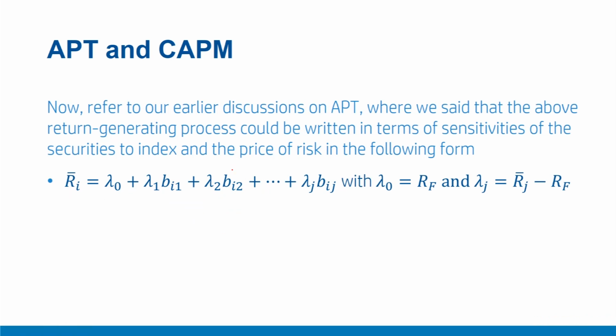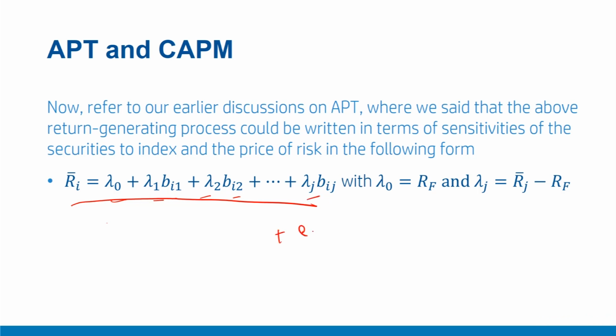Now, if we go back to our earlier discussions about APT, we said that this return generating process can be taken to the equilibrium return form by APT when it is written like this: Ri bar, which is the expected return, equals lambda 0 plus lambda 1 into bi1 plus lambda 2 into bi2 and so on up till lambda j into bij.